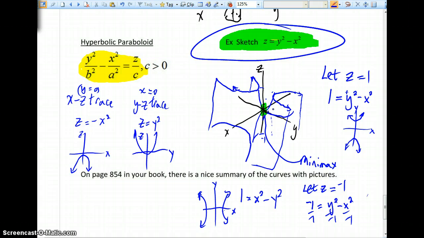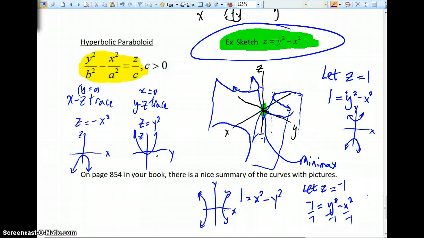Look, on that parabolic trace, the parabola is opening downwards for z equals -x squared, the very first trace that we drew. That point would be the highest point on that parabola that's opening downwards. Whereas if you look at our other trace, the second trace that we drew, the origin would be the lowest.